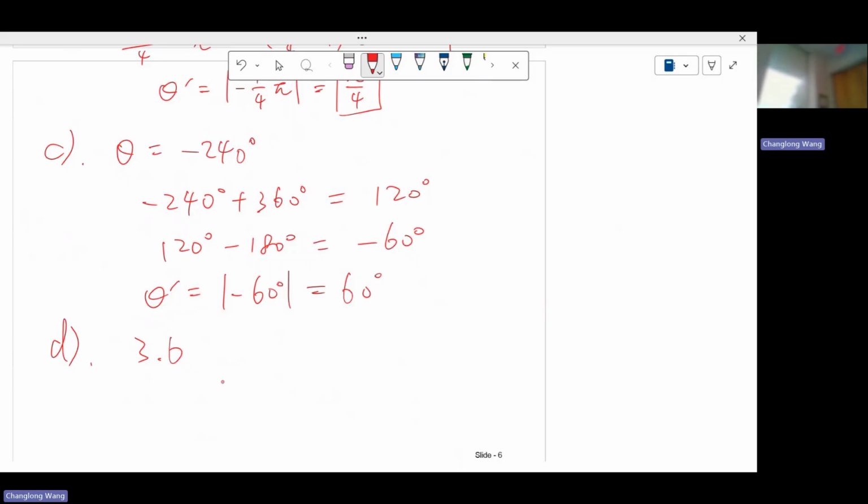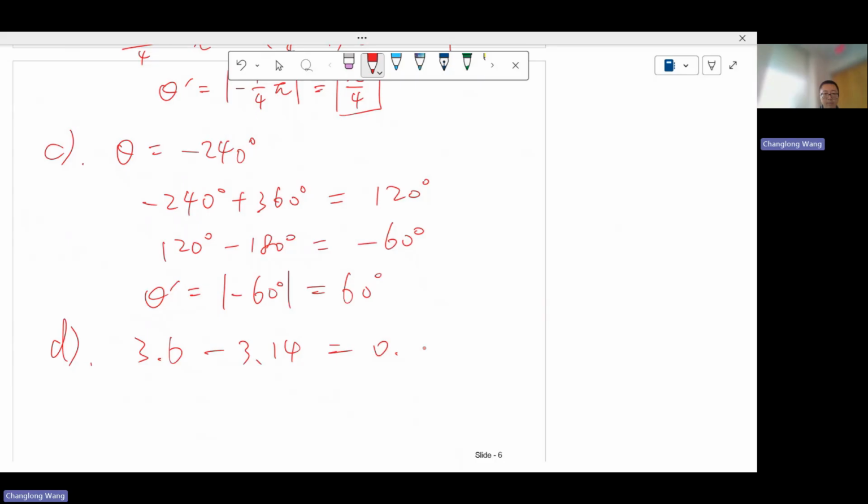So first off, is 3.6 greater than 2 pi? Just want to make sure, if it's greater than 2 pi, you better make it smaller. Pi is 3.14. 2 pi is 6.28. So 3.6 is less than 2 pi. So you're good. It's just still a little bit too big. So I'm going to subtract pi, which is 3.14.